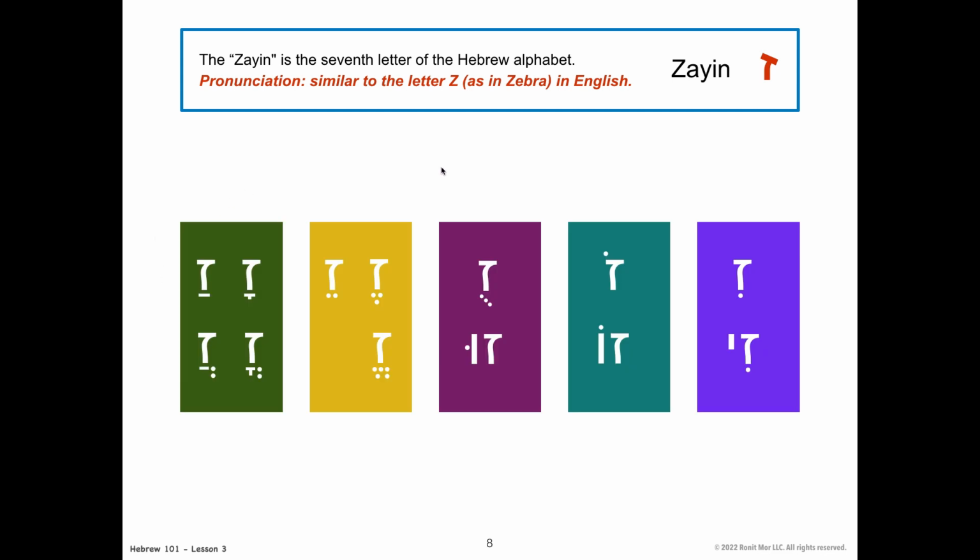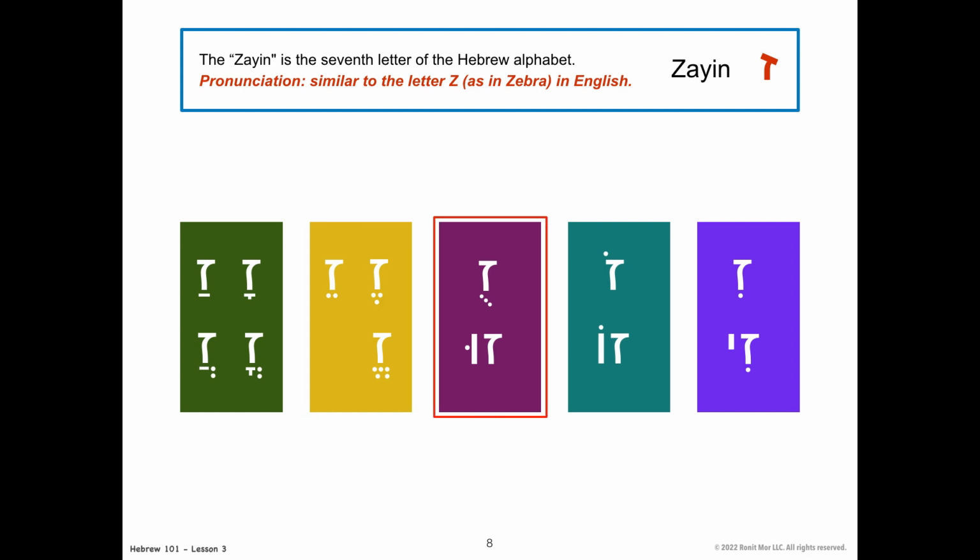Okay, so Zayin, the sound is Z, and I would like anyone to jump in and help me with how to pronounce the first Nikud. Za. Yes. Next. Zet. Yes. Next.